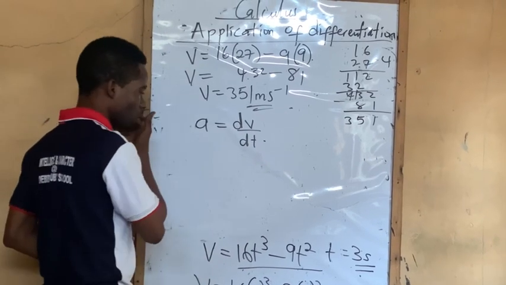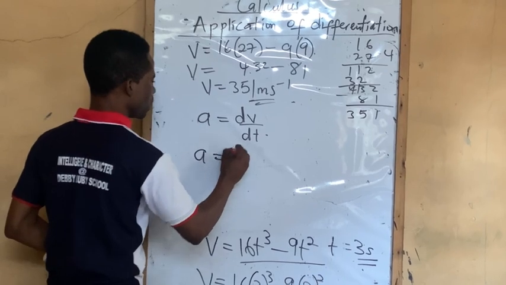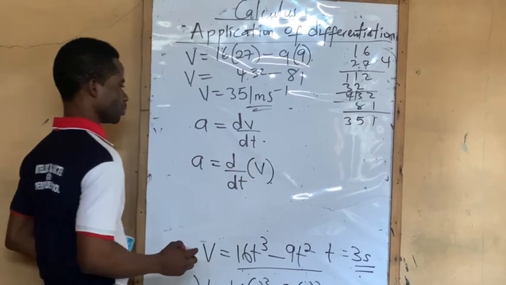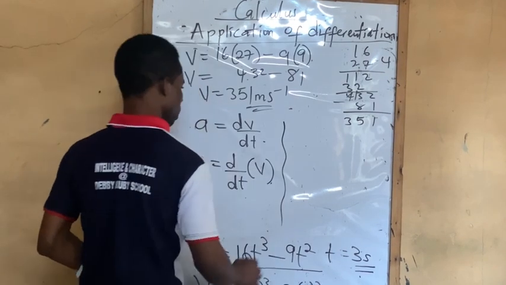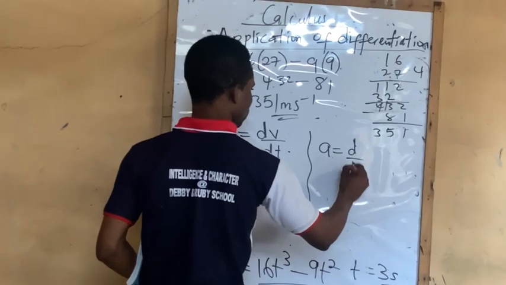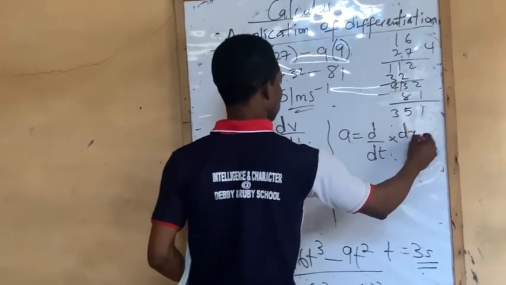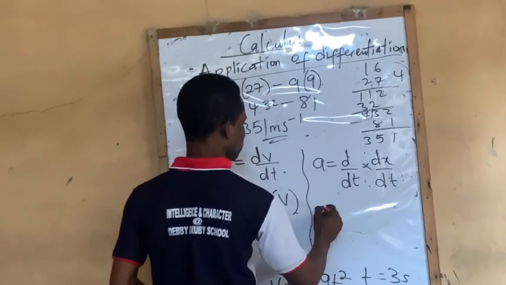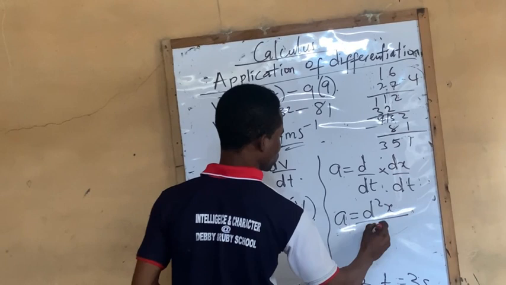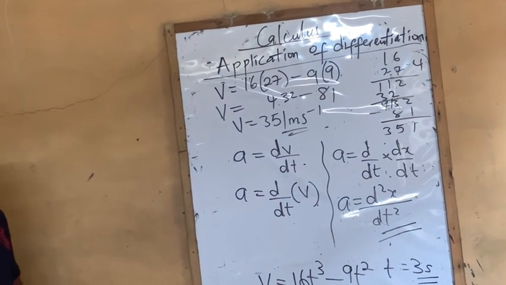I told you acceleration can also be d/dt of velocity. And what is d/dt of velocity? Velocity is dx/dt. That means acceleration is d squared x over dt squared. Either of the two works.